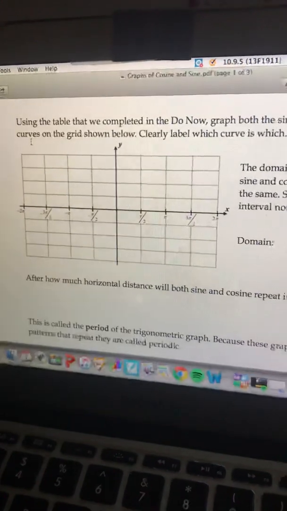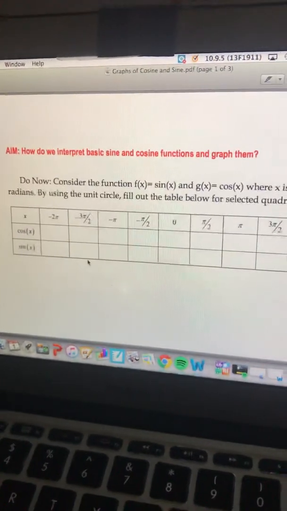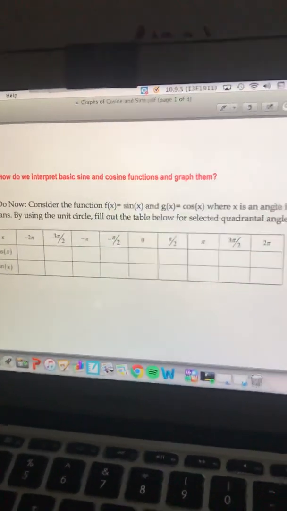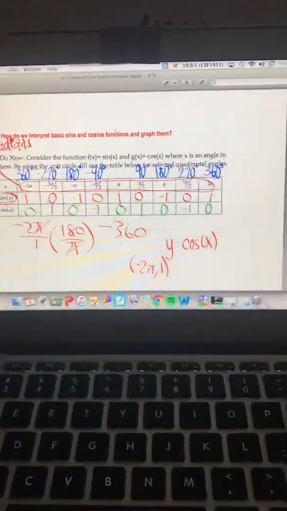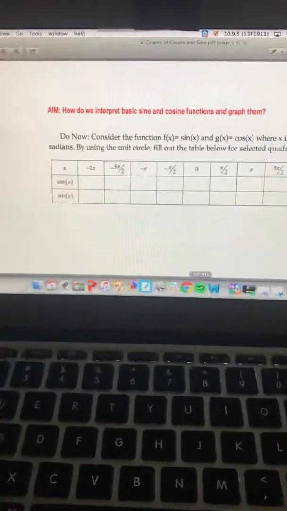Well, Danny, I'm saying that it's going to be very simple because they provided me with what I needed my domain to be. They gave me a table of values here, negative 2 pi to 2 pi. However, I know that if that wasn't the case, my graph is going to keep on oscillating up and down, up and down, up and down. Okay, we just changed the domain.